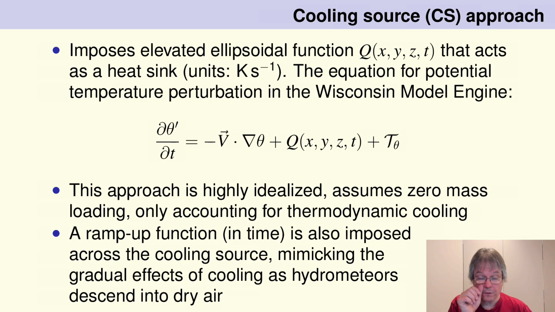Okay, so the cooling source approach is the approach I used in my PhD work, and we still use it today. I still use it today in my work with the University of Western Ontario, Eric Savory, and his students. There's nothing too amazing about this. This approach long precedes my own research. Essentially, whether it's a cooling blob or a warming blob, you just have an area over which you impose a positive warming to start your cloud.